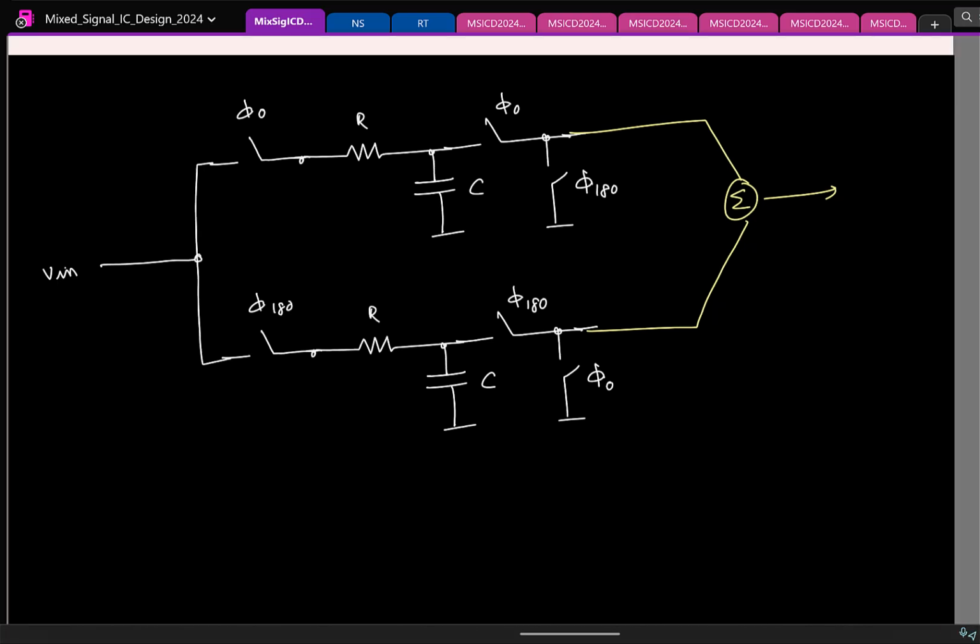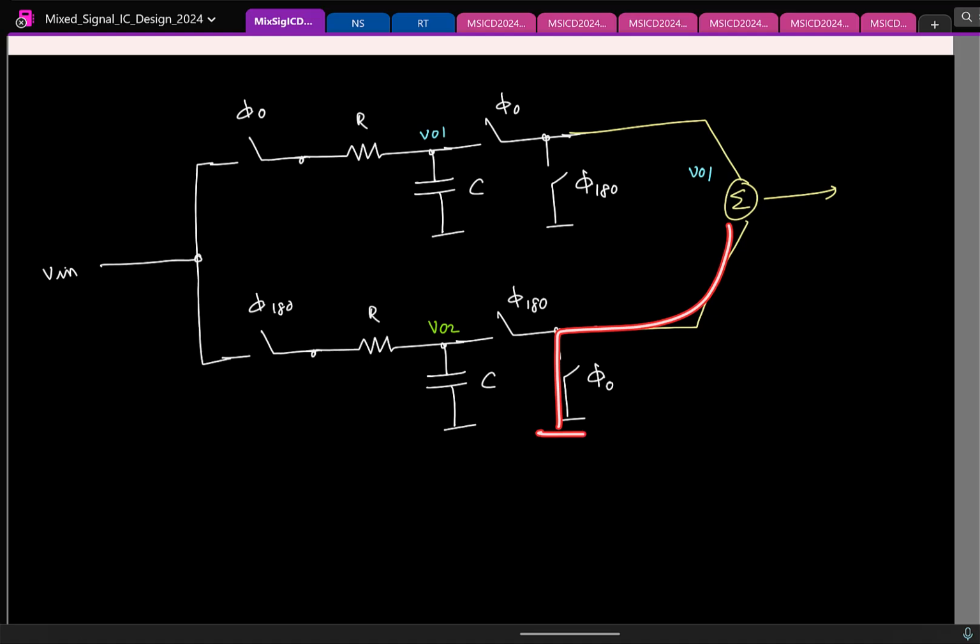But here is where the circuit nicely starts to beautify itself. Let me call this VO1, this VO2. In the clock phase phi 0, what is the signal appearing here? VO1. What is the signal appearing here in phi 0?